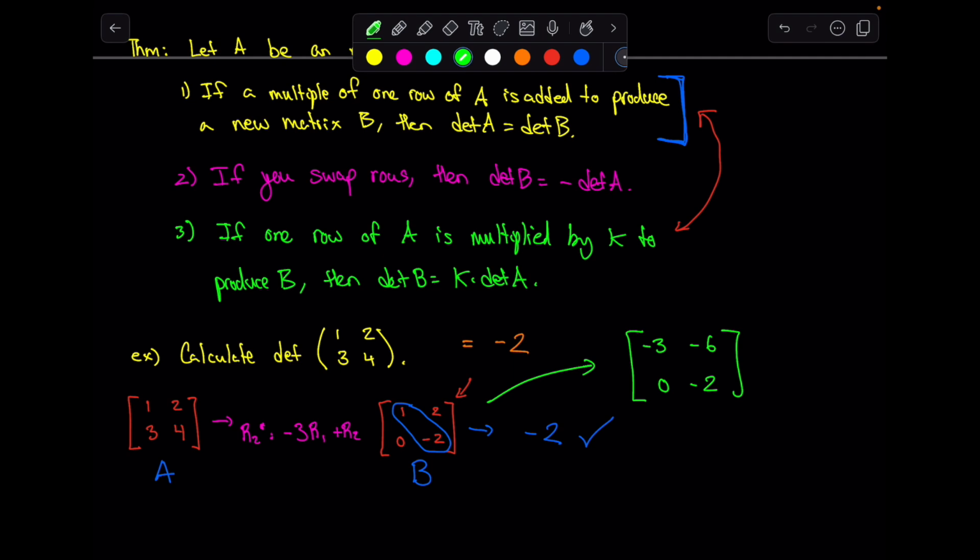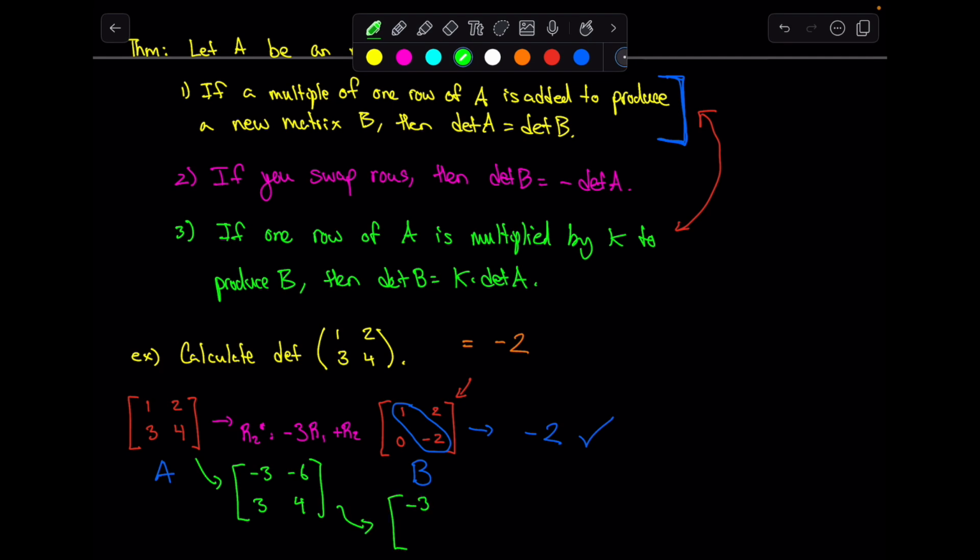So if I left it in this form along the way, or here, maybe I'll write it over here. Remember that, as an intermediary step, you're multiplying row 1 by -3, and then you add it to row 2, and so you'd have -3, -6, 0, and -2.